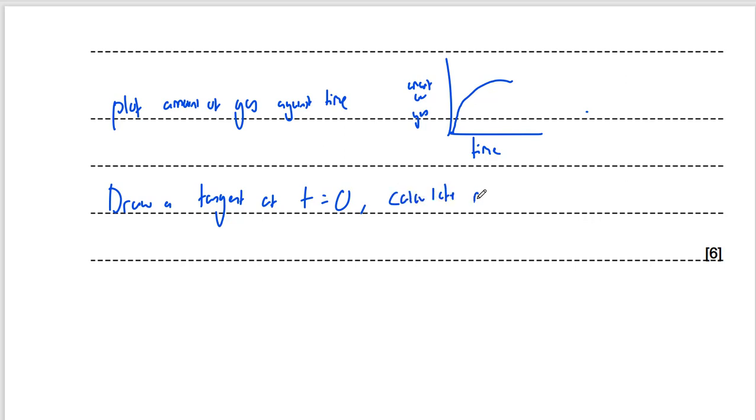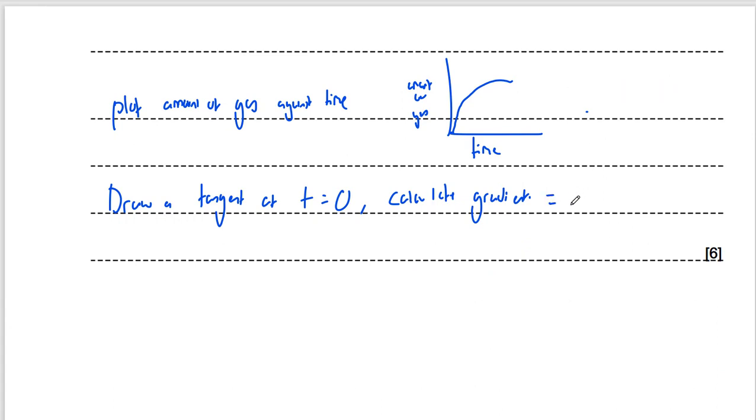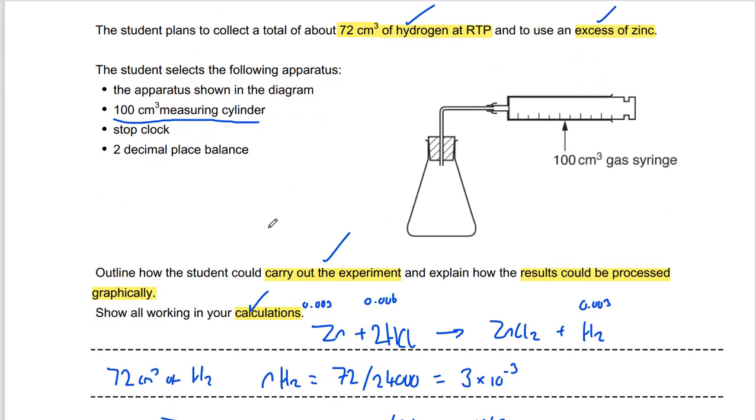You do not need to do any of this for the question, but you need to say it. So plot amount of gas against time, draw a tangent at t equals 0, calculate gradient, and you could always put equals rate. That is the rate, or initial rate. That's it, because I've now determined the initial rate of reaction, I've processed them graphically, that's everything.